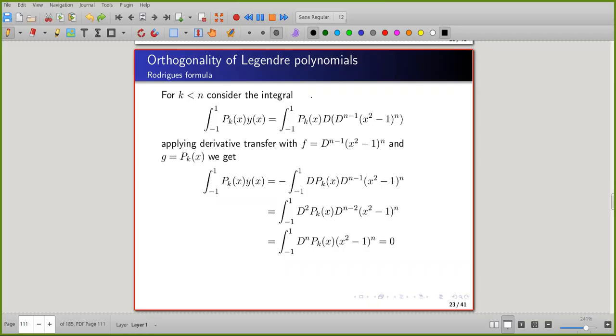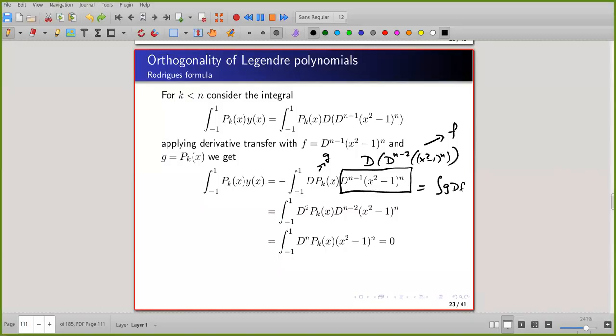So to look at this equality, this term again, I will write as d times d^(n-2) (x^2 - 1)^n. And now I will take this to be my f and this to be my g, right? So this integral is integral g df.